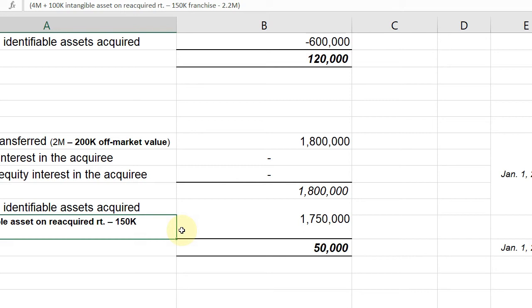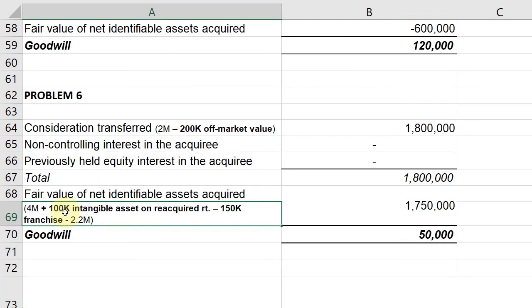Punta ka dun sa last additional information, entity B's related franchise account. Okay? So, dyan ka titingin kasi kanya yan. Sino bang binili? Si entity B. Ibig sabihin, yung franchise account niya, yan yung tatanggalin mo. Okay? At carrying amount na 150,000. Tanggalin mo siya. So, 4 million, okay, minus 150,000.